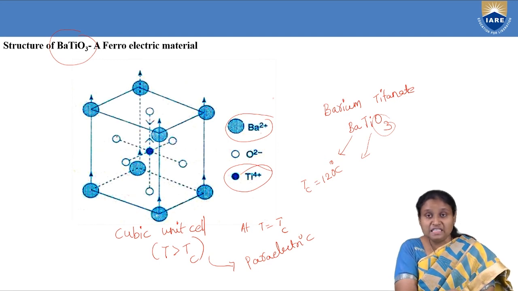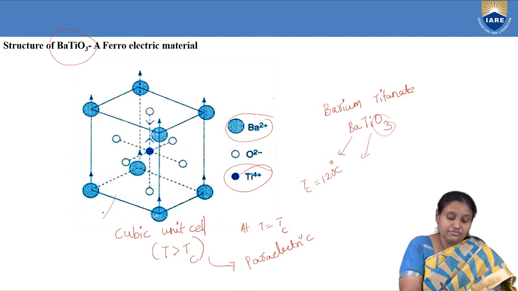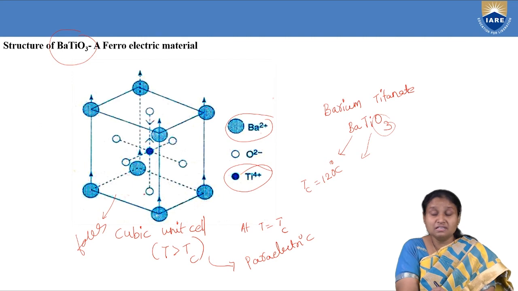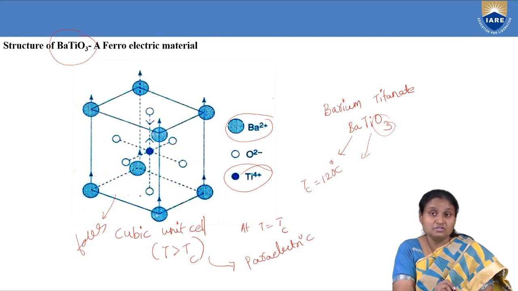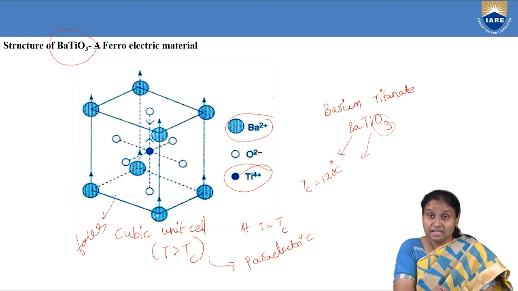At the center of each face of this cubic structure we have 1 oxygen ion, so we have 6 oxygen ions. And then at the body center of the cubic unit cell, there is 1 titanium ion.